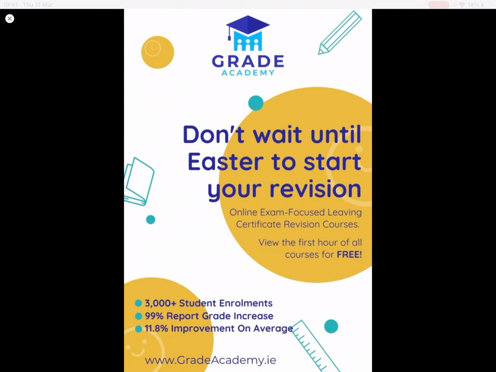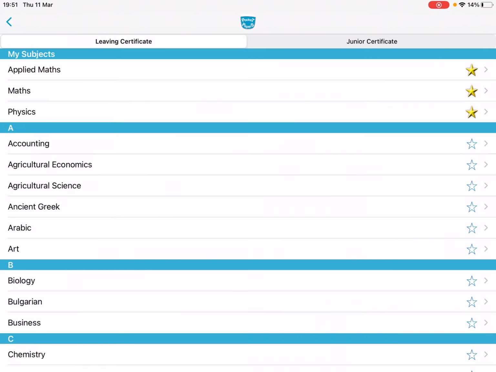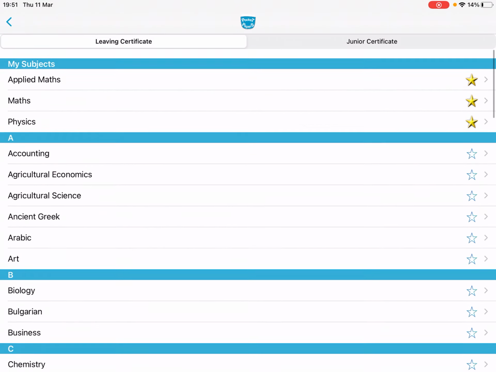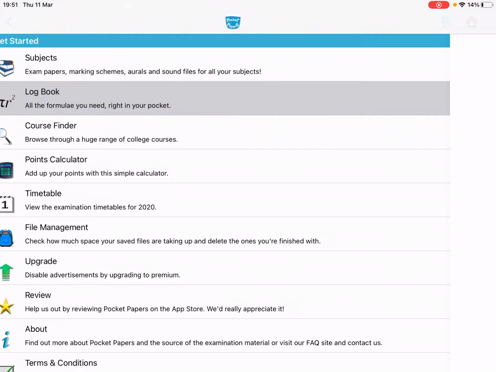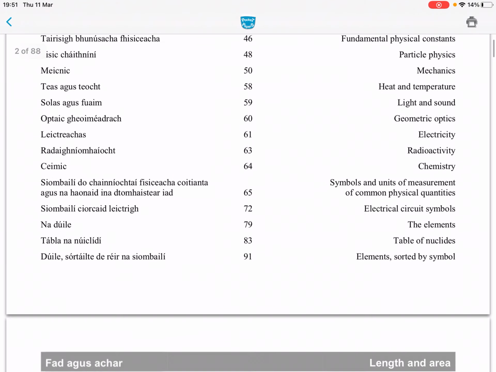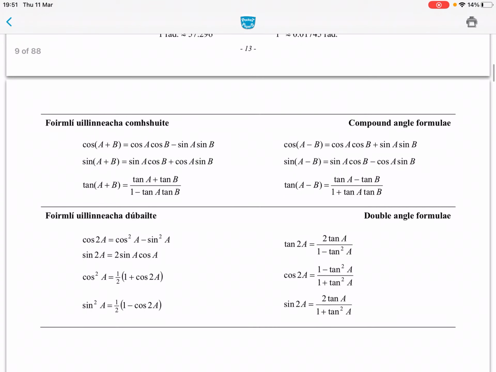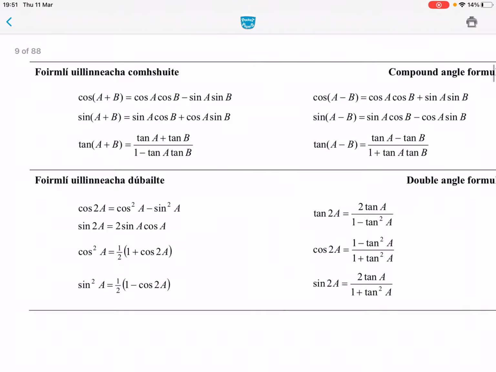You can also go to your log tables. You'll have your log tables handy. If you go to your trigonometric rules, I'll just flick down until I find it. There are some here that can help you. They're not super obvious, but from years of experience, I see them here.